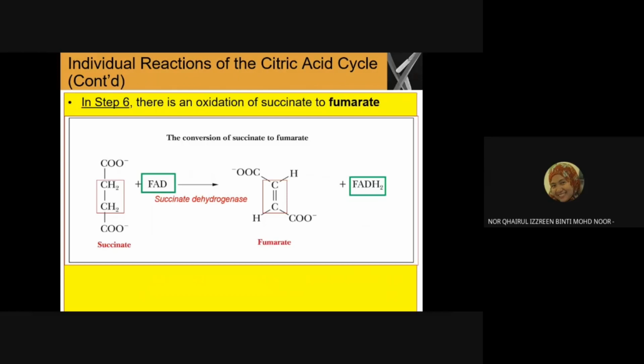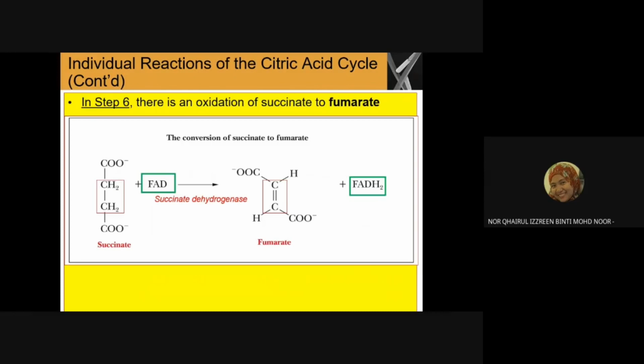Okay, step number 6. This is an oxidation-reduction reaction that oxidizes succinate into fumarate while abstracting 2 hydrogen ions and a pair of electrons. In the process, it reduces FAD into FADH2.